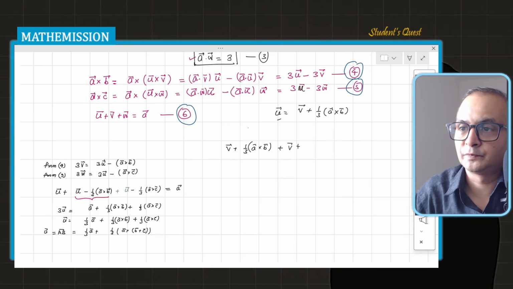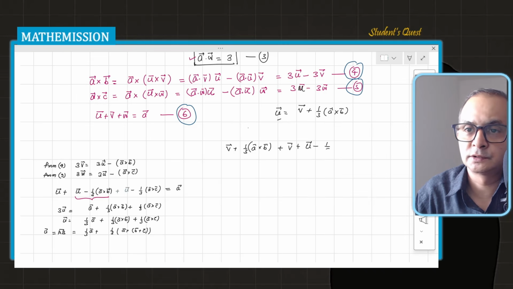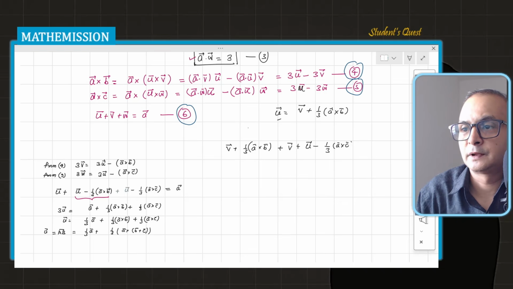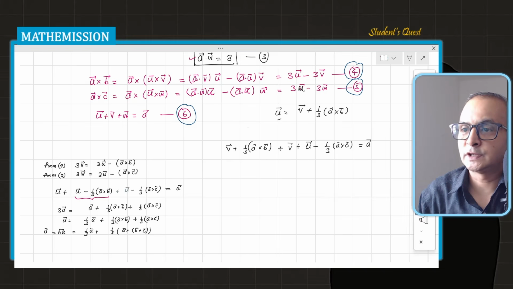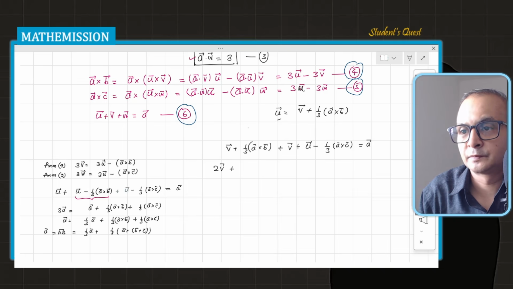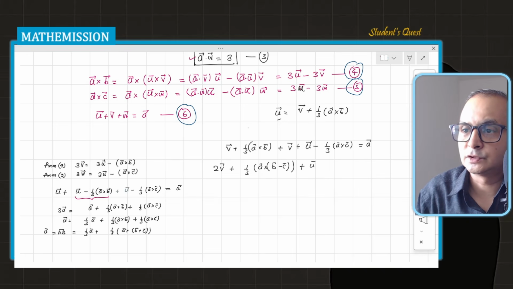So w is u vector minus 1/3 of a cross c, and that is equal to a. But again you see there is a u vector here, so I can write this as v vector plus v vector, 2b vector plus 1/3 of a cross b minus c, and plus u vector is equal to a vector. I need to find the u vector.